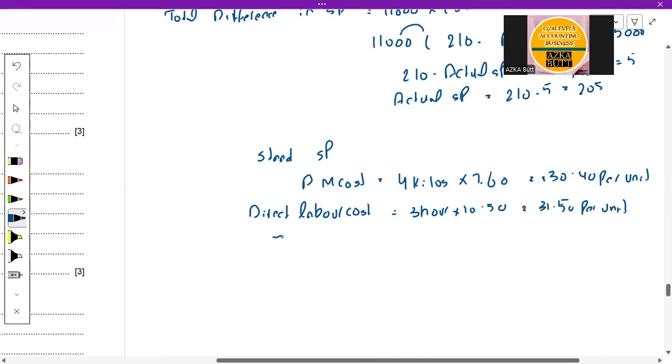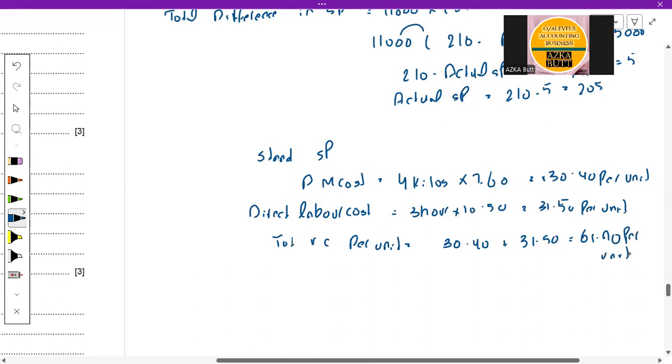And the total variable cost per unit is equal to 30.40, which is material cost, plus 31.50, which is labor cost, and this is equal to 61.90 per unit.